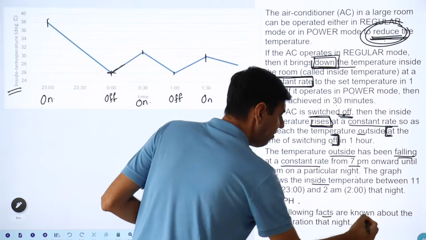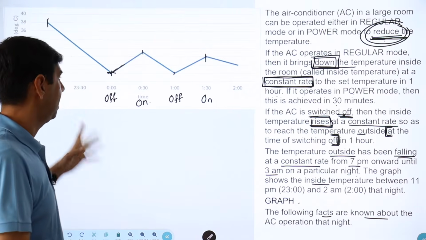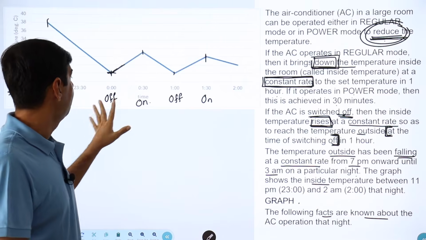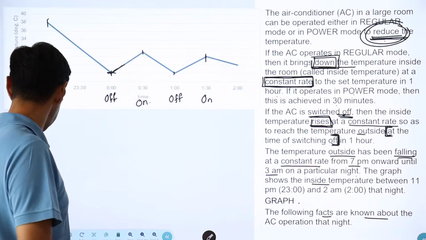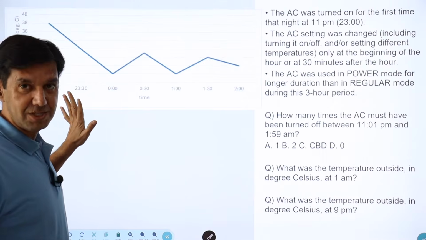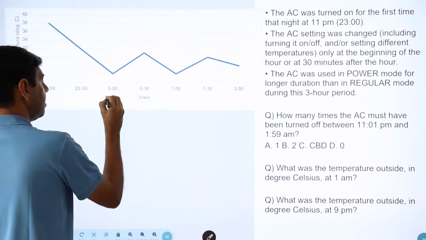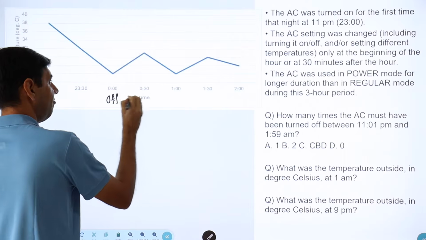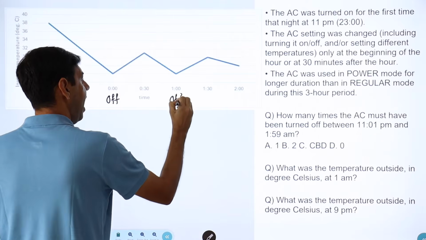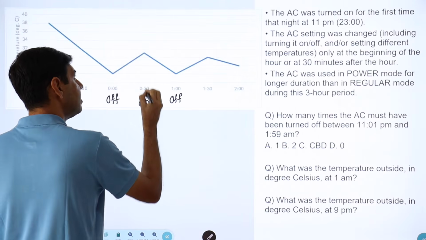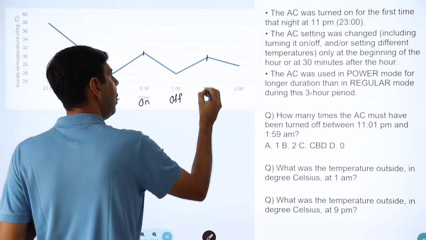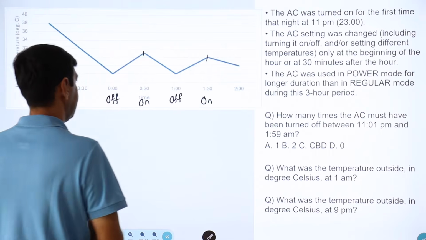Now there are many more facts that have to be read through, but at least you should have figured out when they are going to be off. Now the same graph is put here, so I'll just copy that here. It's very clear that I've put the AC off at 12 and at 1, and I have put the AC on at 12:30 and also at 1:30.